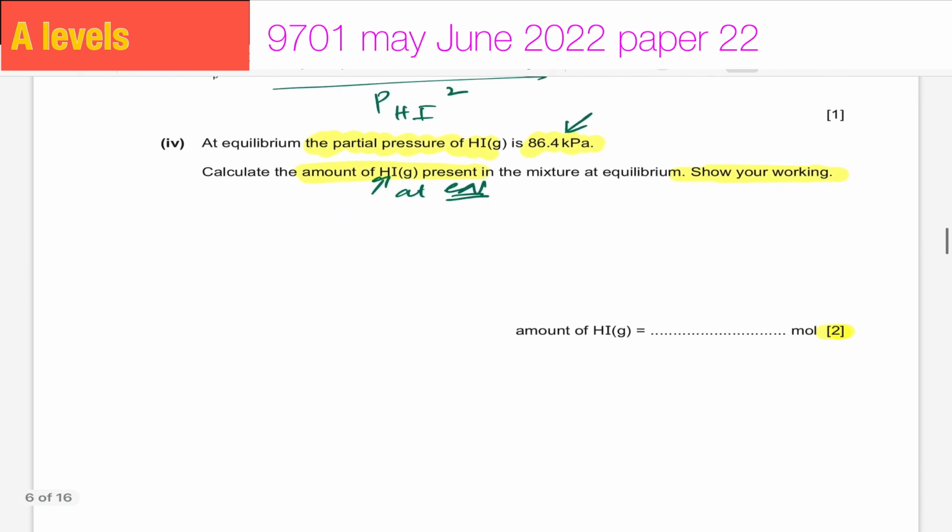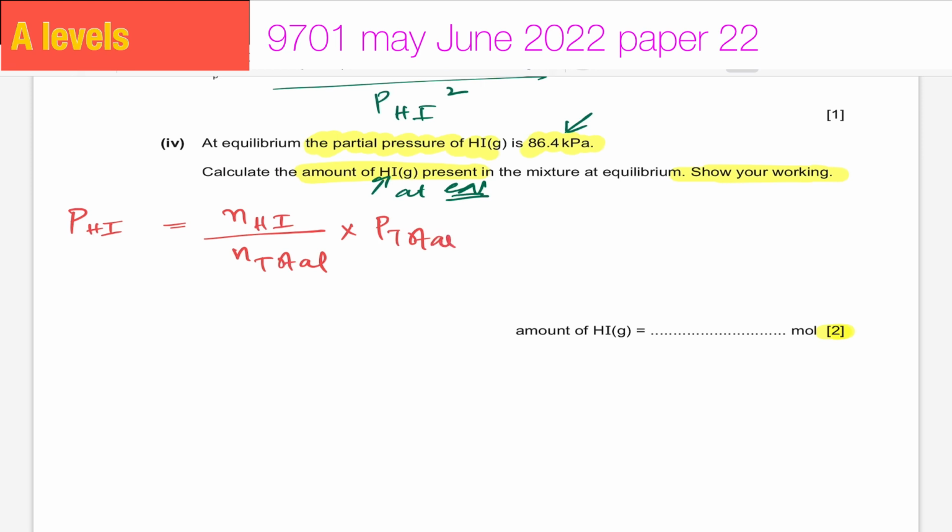Now to find the number of moles of hydrogen iodide at equilibrium, we would use the formula of partial pressure. How to find the partial pressure of any gas if we know the total pressure? That formula is: partial pressure of hydrogen iodide equals the number of moles of hydrogen iodide upon the total number of moles at equilibrium, times the total pressure.